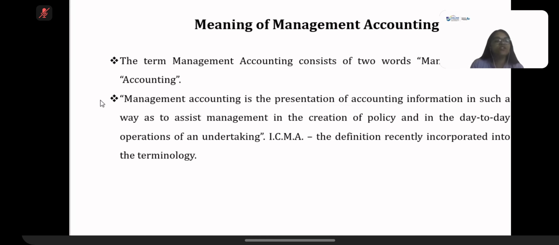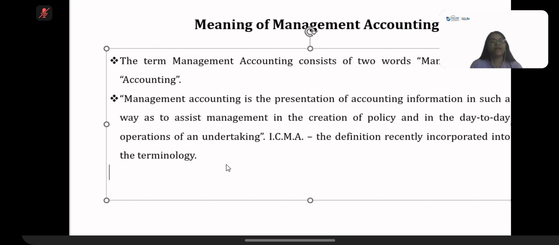Now the definition of management accounting is given by ICMA, that is Institute of Chartered Management Accountant. What is the definition?